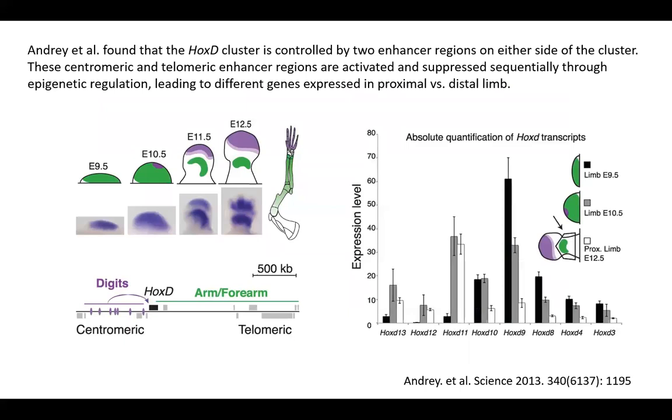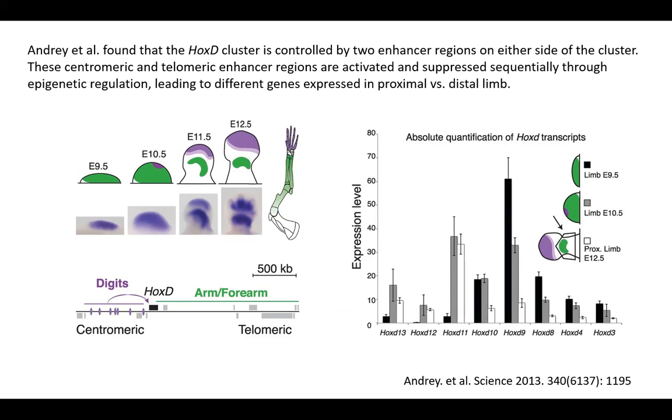And in 2013, scientists from the lab of Denis Duboule, who have been studying this cluster for a long time, had already identified the enhancers that are responsible for the later development that are in the centromeric region.